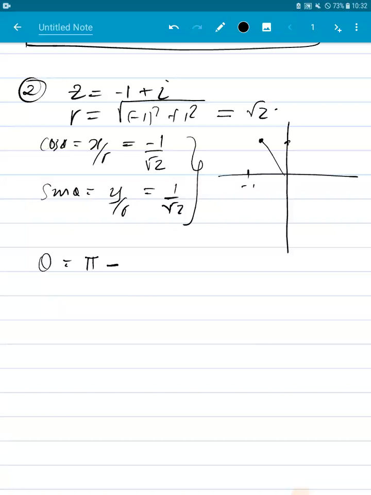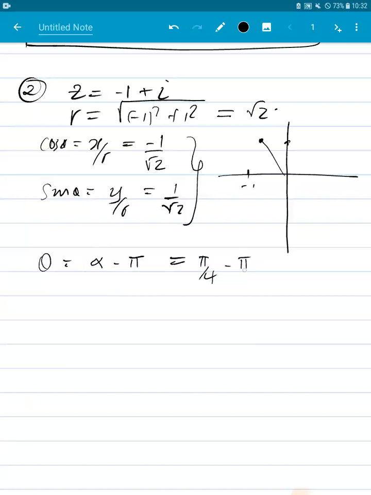All right, good. You can say this minus pi, just the same. So we've got pi over 4 minus this one.